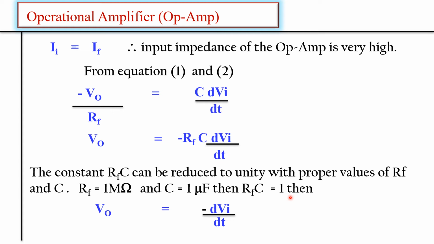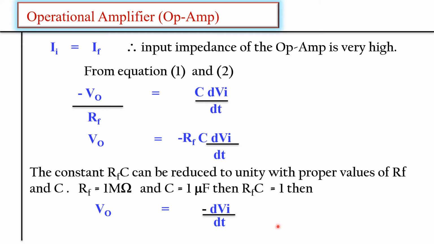The 10 raised to 6 and minus 6 get cancelled, and we get RF C equal to 1. Then the output voltage equals the differentiation of the input voltage. So Vo is equal to minus dVi/dt, right?